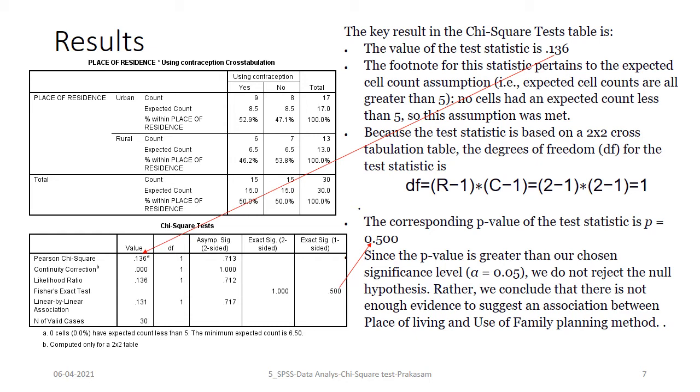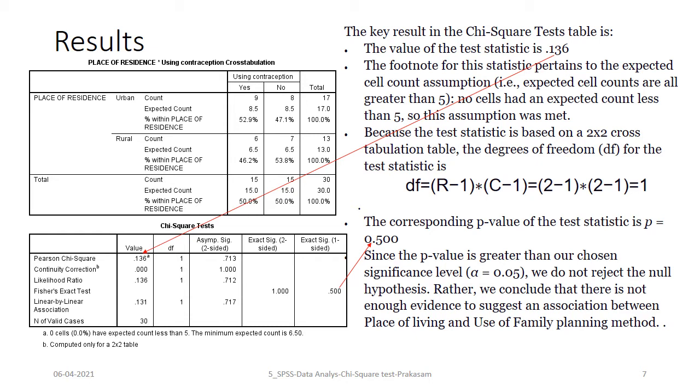In that Pearson chi-square test, the calculated value using all the formulas is 0.136, and on the right side in the last column, the exact significance is 0.500. Here comes our decision level, that is called assessment. The key result in the chi-square test from the table is the test statistic value of 0.136.